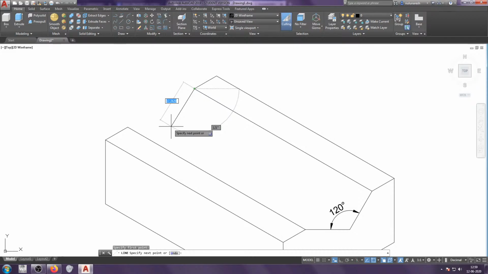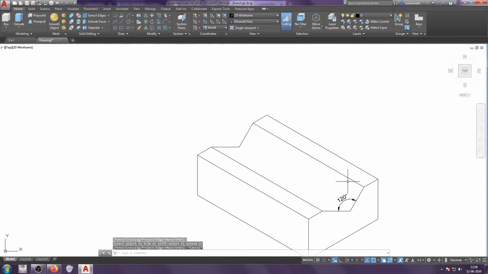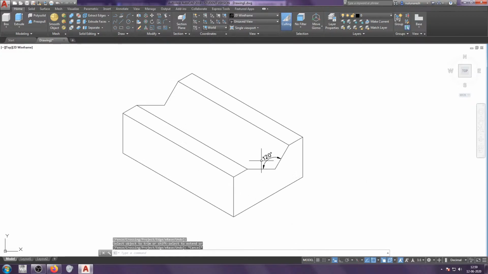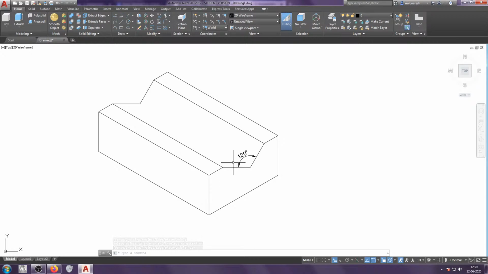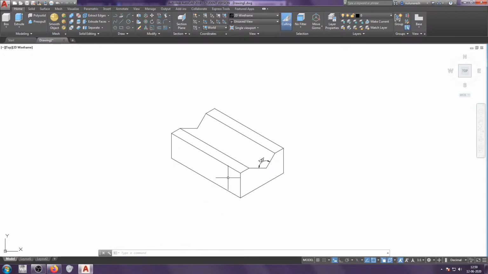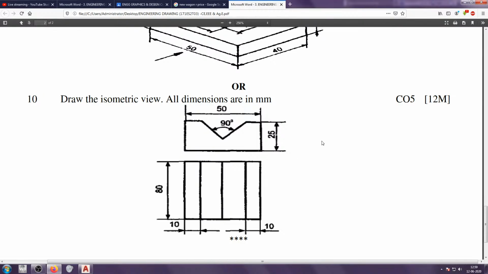At 120, let's take 25 at 120, and now similarly we have to take a horizontal line here, say 35 at 0. Okay, I'm going to try this. So that's the isometric view of these particular orthographic views.